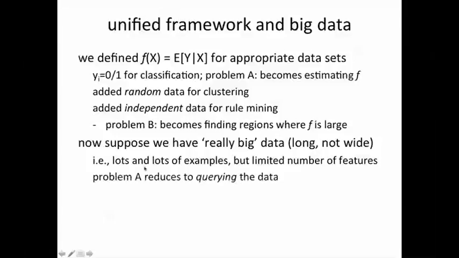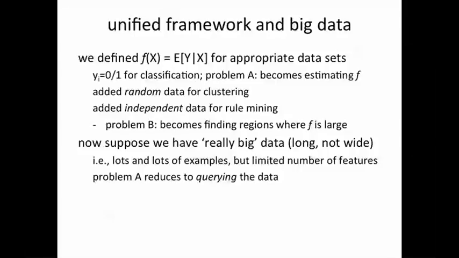So the problem A now reduces to just querying the data and figuring out, for a particular combination of x, what's the expected value of y. And if you remember, there was a question in our earlier homework or problem set where I asked whether, if we had lots of data, we could simply estimate the joint probability directly.